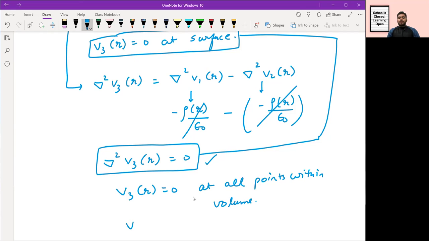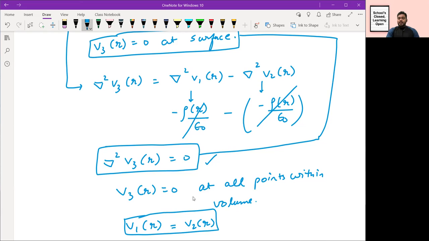And if V3 is 0, that means V1(r) minus V2(r) is 0. That means V1(r) and V2(r) are one and the same. So if we have a fixed charge distribution and a fixed potential at the boundary of any closed surface, we can say that there is always going to be a unique solution of potential at any point within that surface.